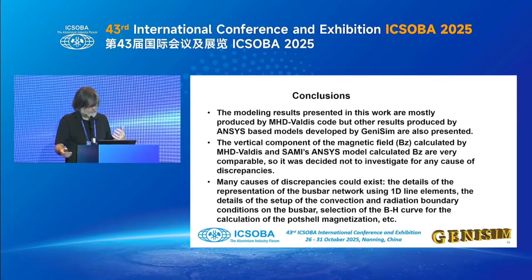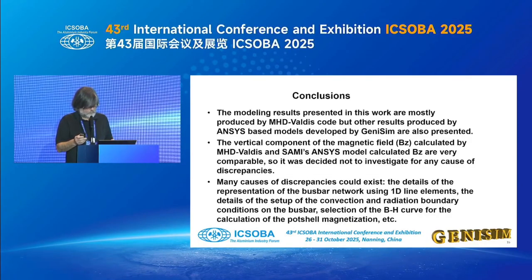And well, I could have been wrong, and here I'm quoting the reasons why there could have been a discrepancy in the result. In the electrical network, you have to represent the 3D busbar by 1D elements, so there's a kind of learning curve to do this properly.